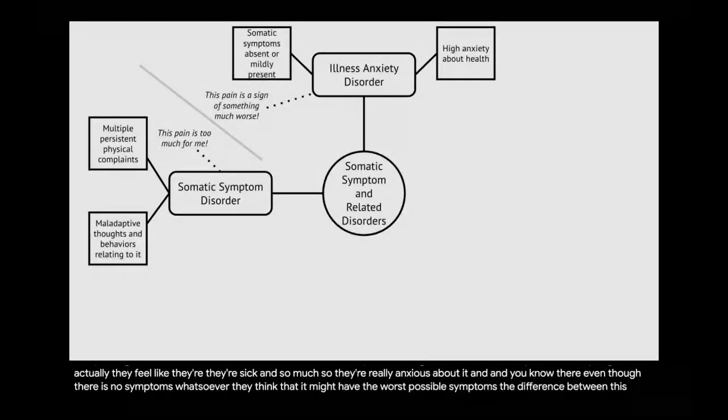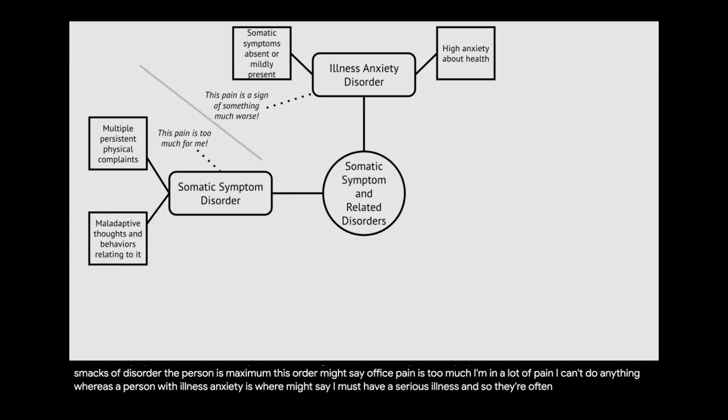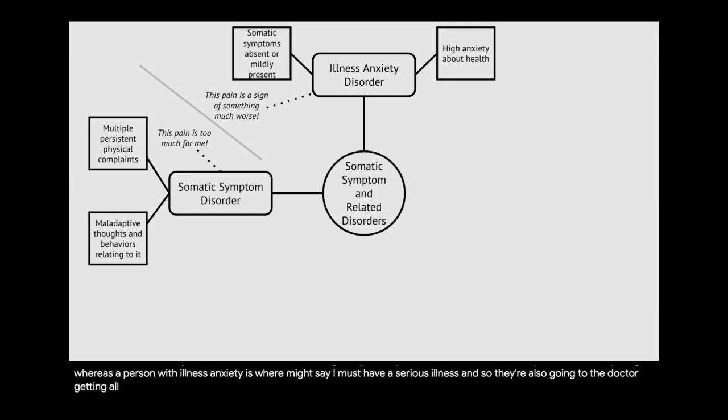The difference between this and somatic symptom disorder: the person with somatic symptom disorder might say, "Oh, this pain is too much. I'm in a lot of pain. I can't do anything," whereas a person with illness anxiety disorder might say, I must have a serious illness, and so they're often going to the doctor, getting all sorts of tests that might not be necessary.